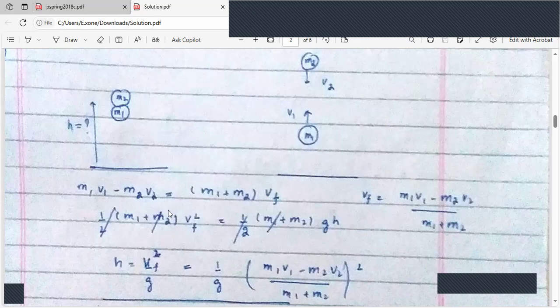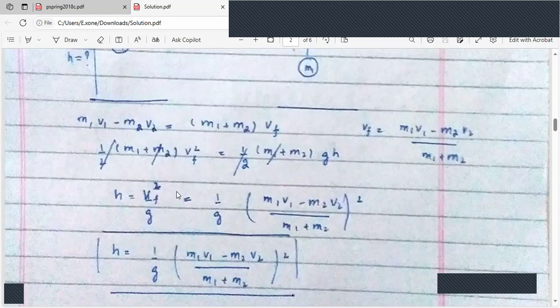The kinetic energy of the masses after the collision is given as this, and the potential energy that these masses are going to achieve after moving some certain height h is given as this equation. So cutting out all these things, we could see that the height that they are going to achieve after the inelastic collision is going to be this.